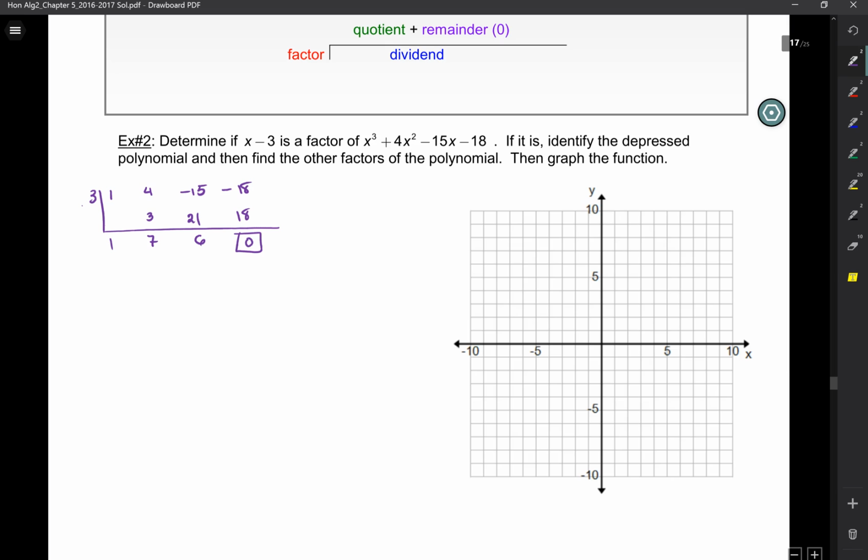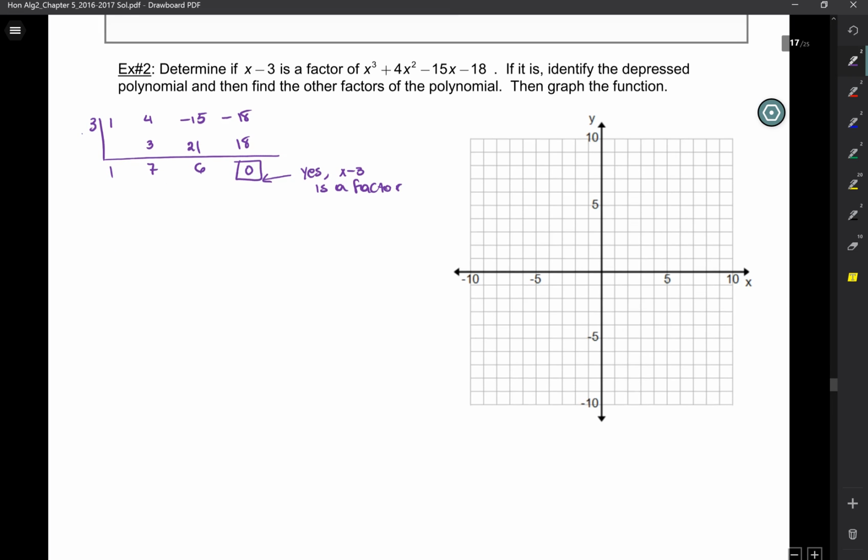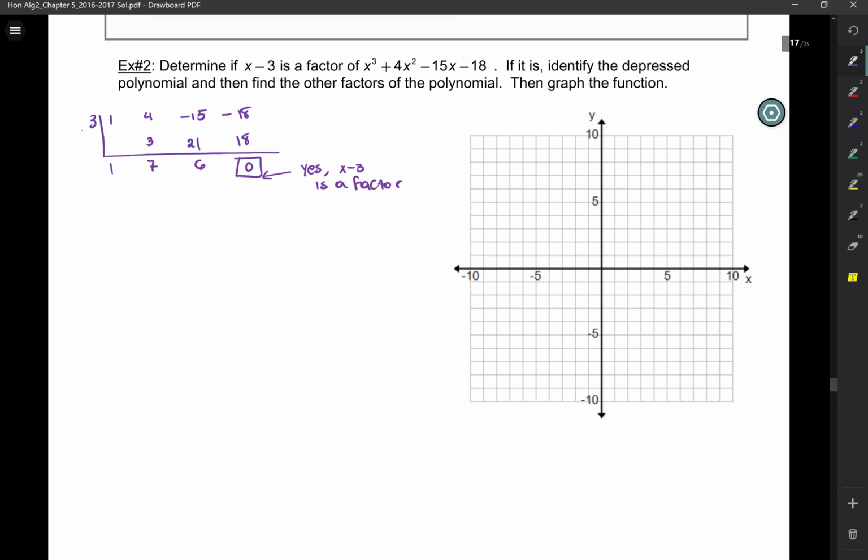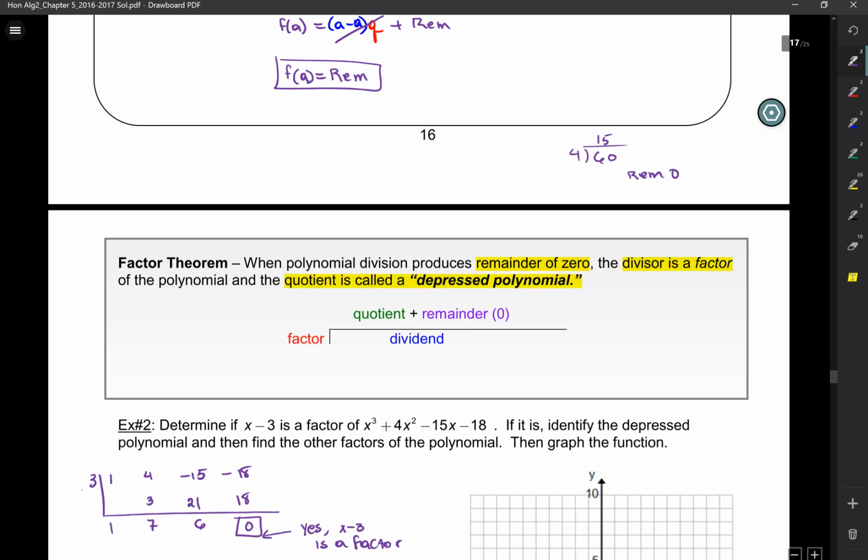What does it mean that the remainder is 0? So yes, x minus 3 is a factor. What does that mean? That means f of x is equal to, what were we doing before?